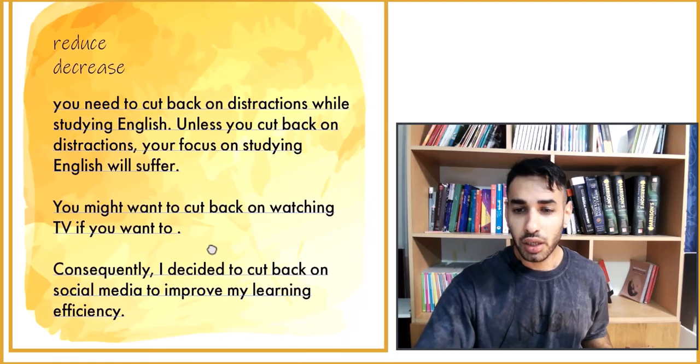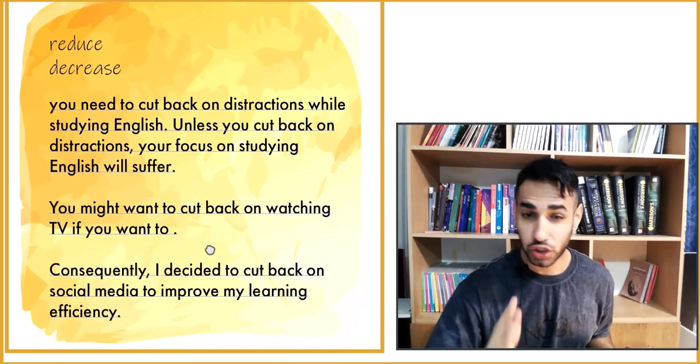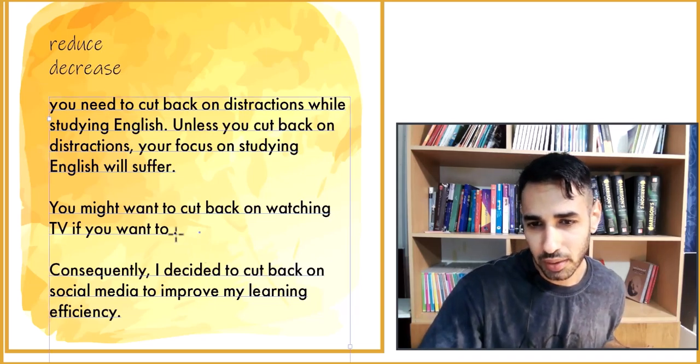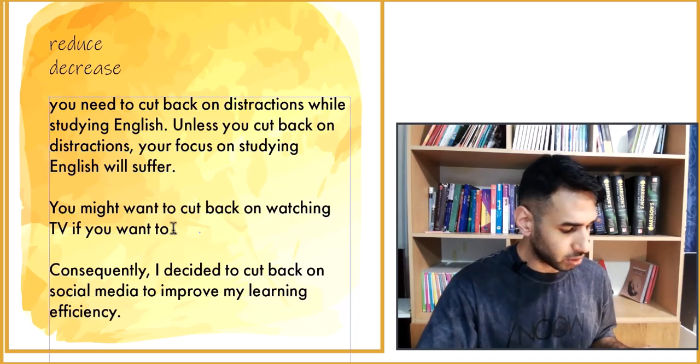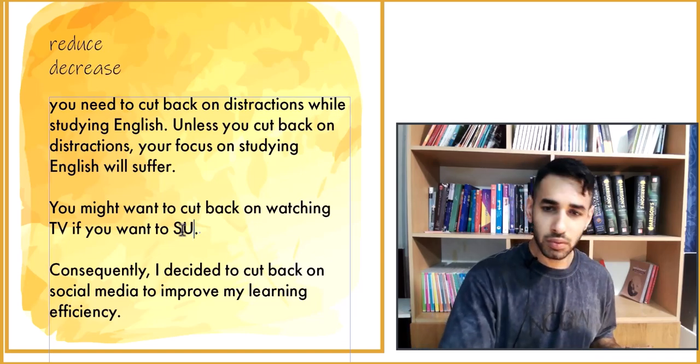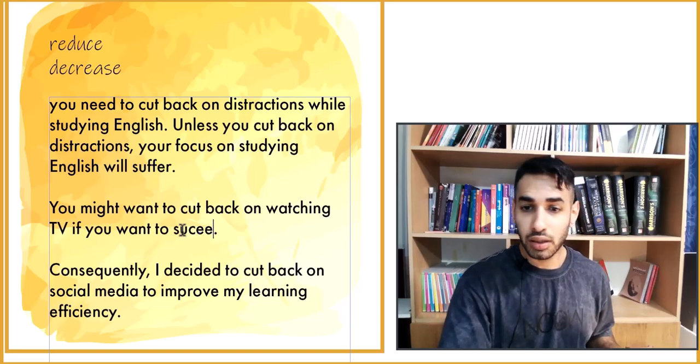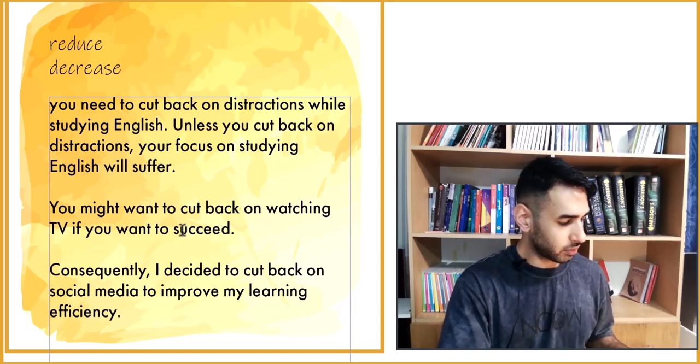Next, you may want to cut back on watching TV if you want to... If you want to, for example, succeed in your business, if you want to succeed in your studying.